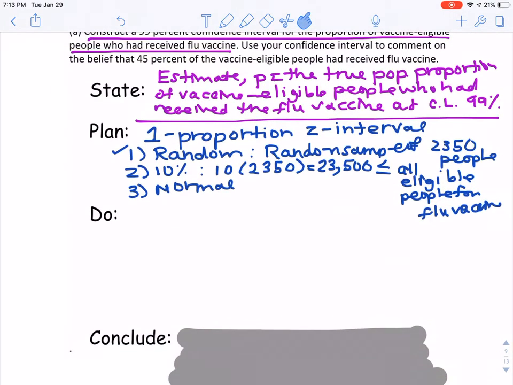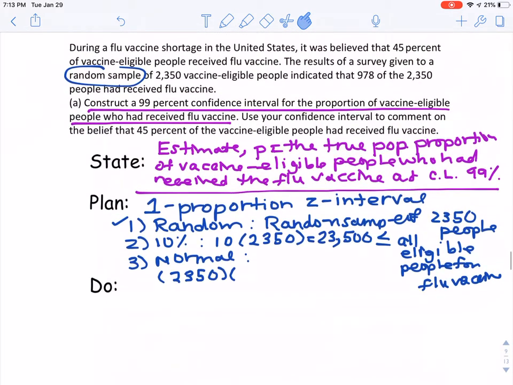Okay, all right, and then the normal piece. This is where we take the number in the sample, that's the 2,350. Then we're going to multiply that by our p hat. Now on this problem, instead of actually giving us the sample proportion, you'll notice up here they give us information that we could calculate it.